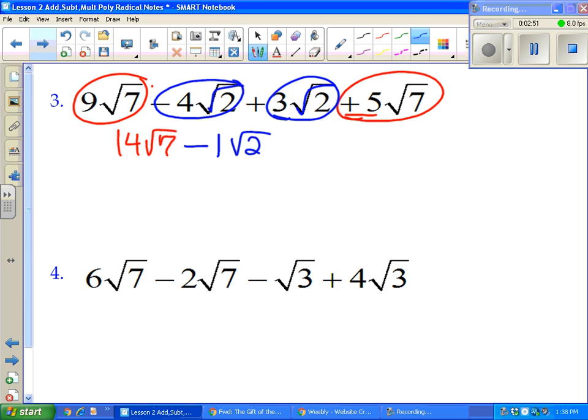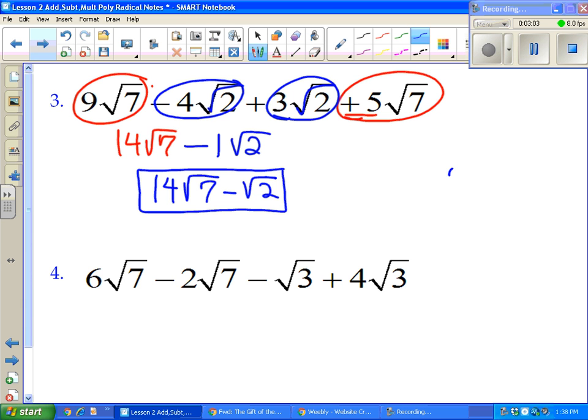You do not actually have to show the 1. You could also say 14 square root of 7 minus square root of 2. It's the same thing. The coefficient in front of the square root is understood to be a 1. Remember, it's kind of like with variables. If you have a 3 in front of x, it's kind of like 3 in front of square root of 2.